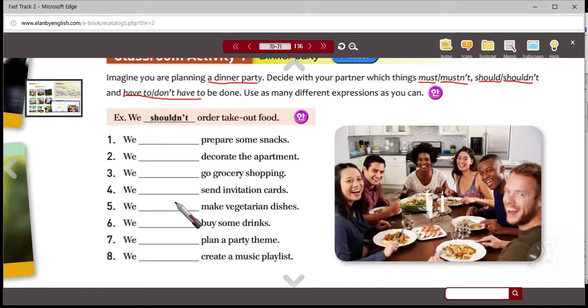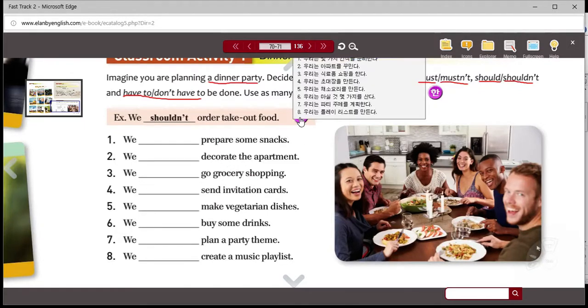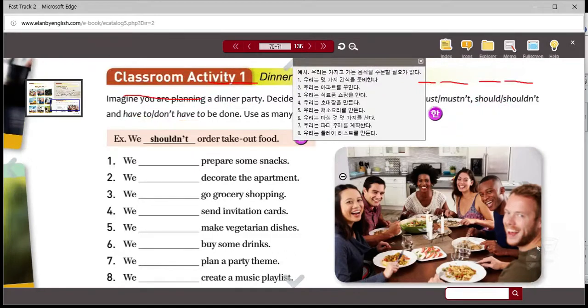I think you understand most of the words. If not, you might be able to scan it from here. I think we know about maybe having some kind of snack for a party. And of course, maybe you want to put up decorations, something you would not normally have in the apartment.